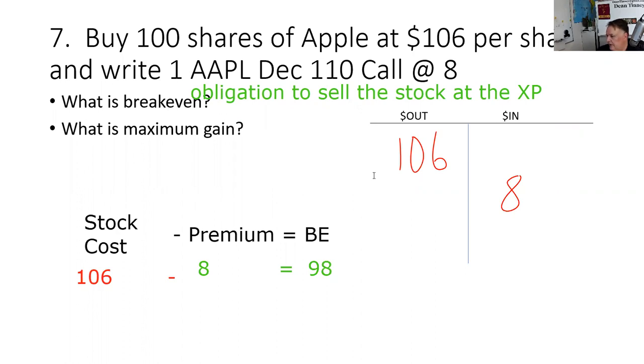All right, so the maximum gain, that's testable, because you don't participate past the strike price. You said you would sell the Apple at 110, and so that's as good as it gets.